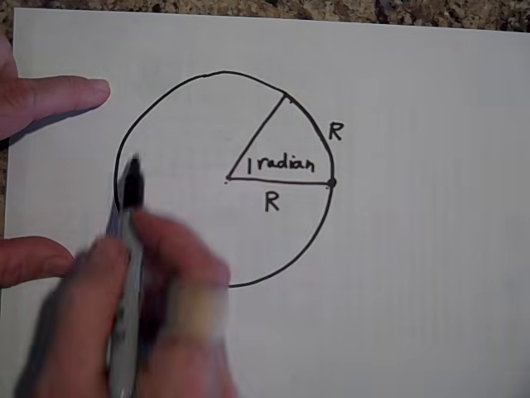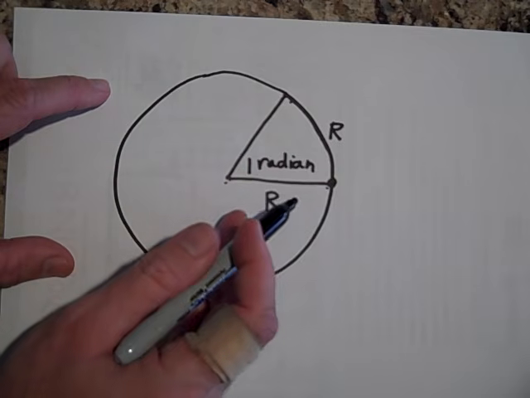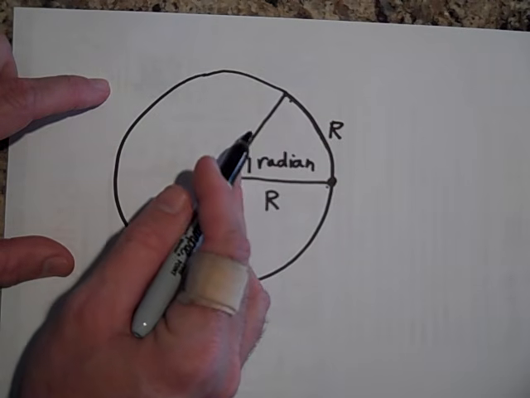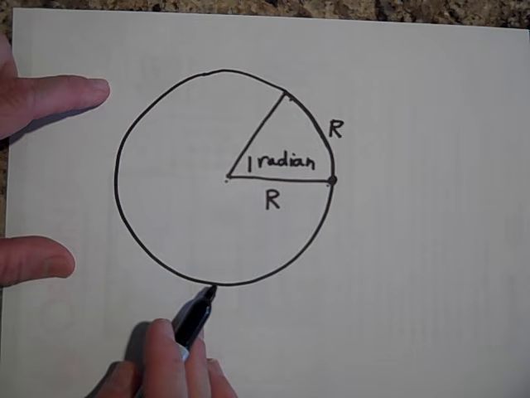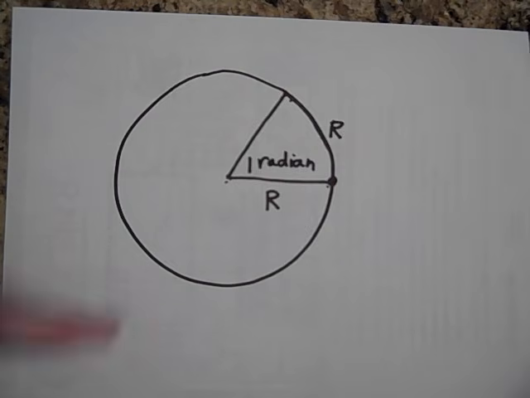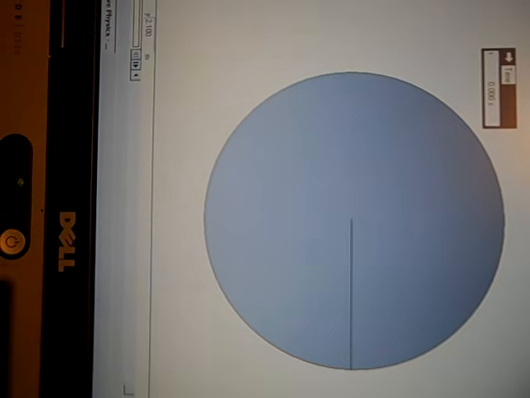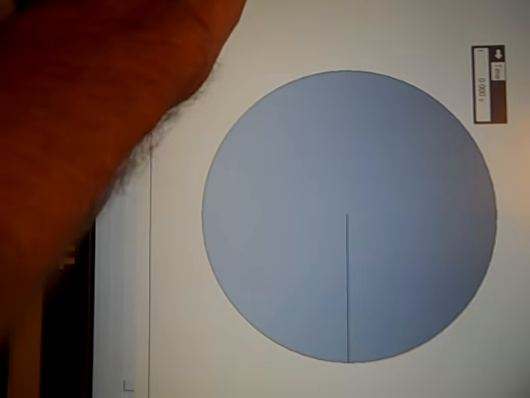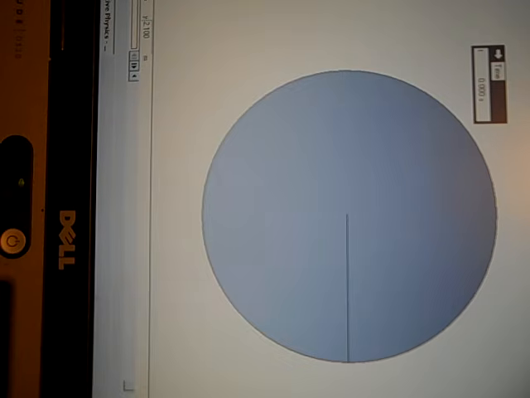So if this thing is spinning around, if it goes through 1 radian every second, then we say it's spinning at a rate of 1 radian per second. Let me show you that. Here's a circle, and I'm going to get it going, and this is spinning at 1 radian per second.